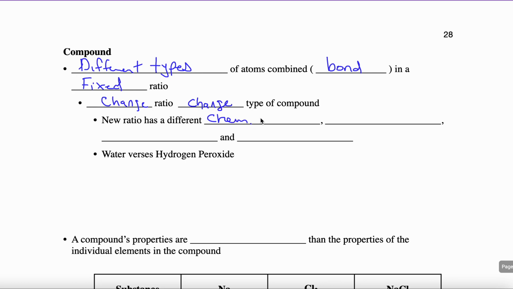I'm just going to put chem for chemical, a different chemical name. It has a different chemical formula because the ratio is different. And as a result, it has a difference in the physical and chemical properties.